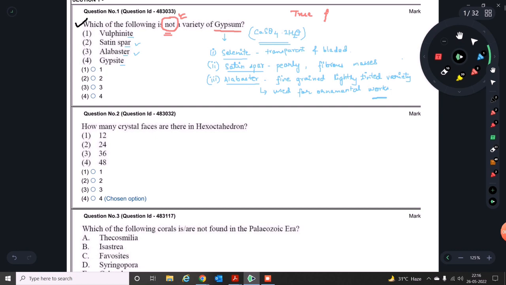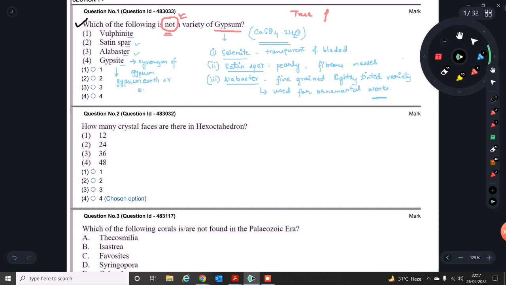Now I mentioned satin spar, alabaster. Gypsite is nothing but a synonym of gypsum. This is a synonym of gypsum. This is also known as gypsum earths or earthy gypsum.